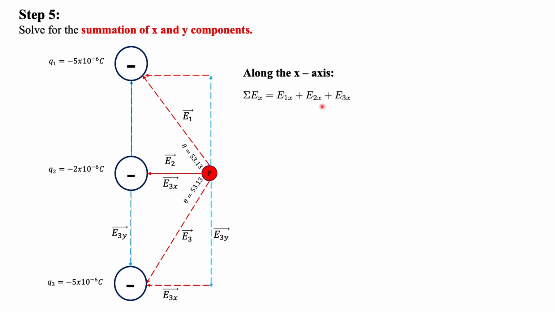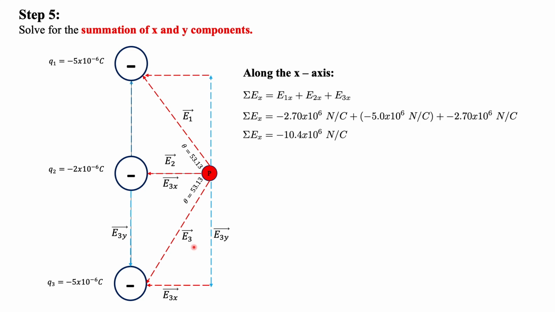These are simply the x components of the three electric field vectors. You plug in the values that you have solved, and you end up with the sum of all the electric fields along the x direction as just negative 10.4 times 10 to the 6 newtons per coulomb.